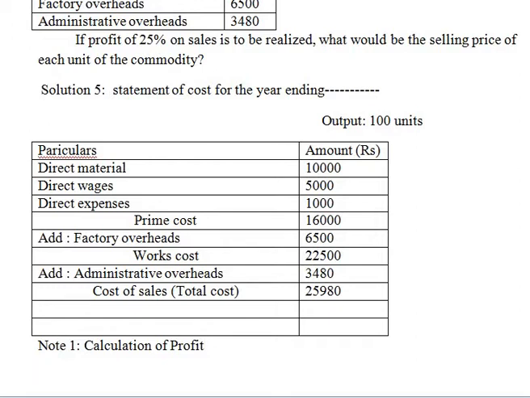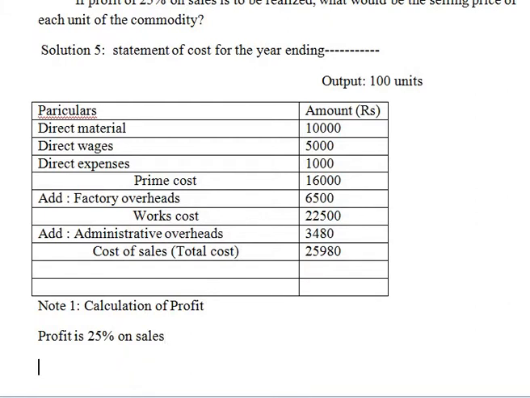What they have given is profit 25% on sales, right? Now we don't know how much the sales is, so we will assume sales as 100.